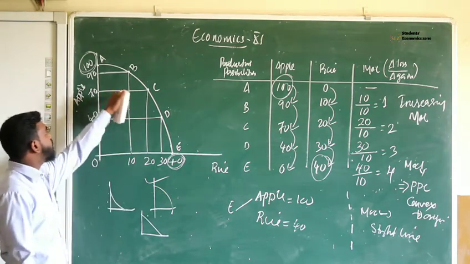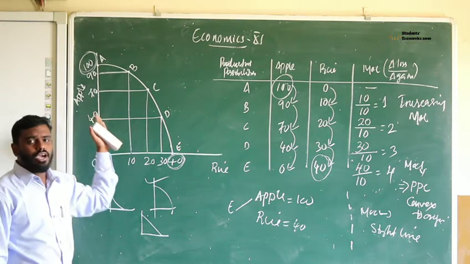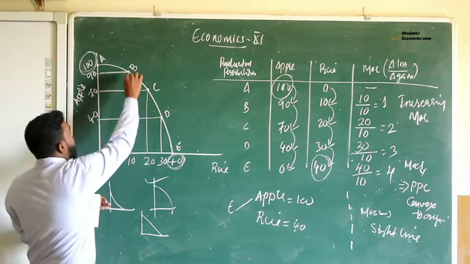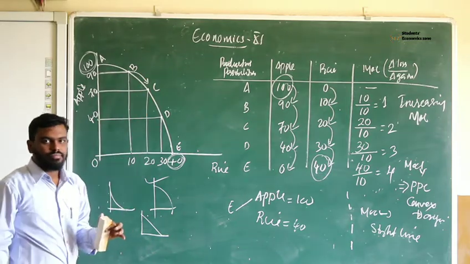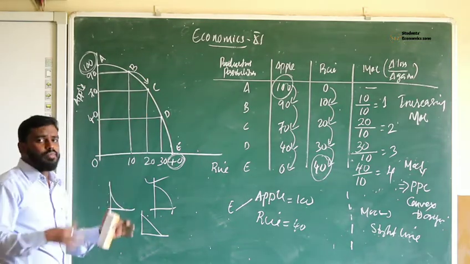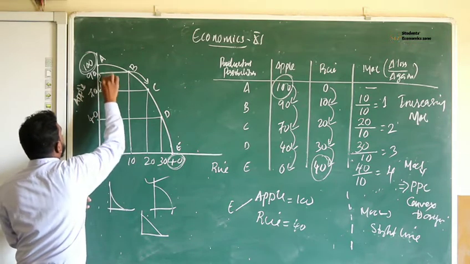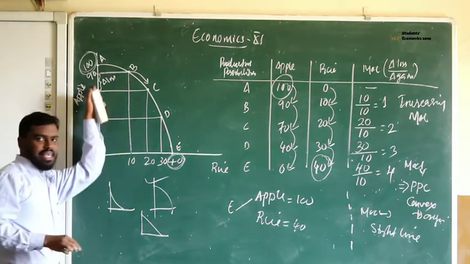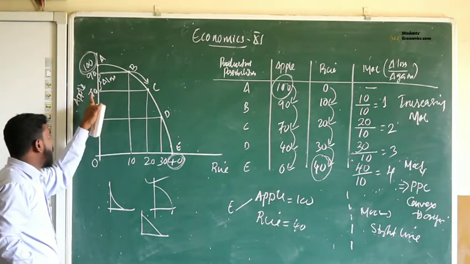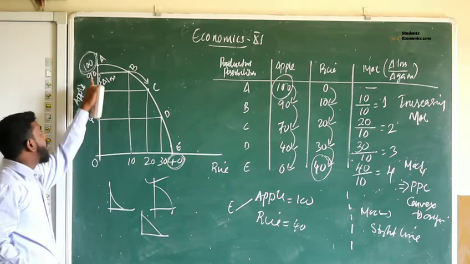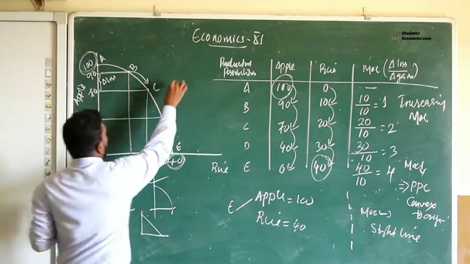From this diagram also we can estimate MOC. For example, if the economy is moved from B to C, then what will be MOC? This much unit is known as delta loss. We sacrificed it. Initially the output of apple was 90, now it became 70. Delta loss, 90 became 70, that is 20.